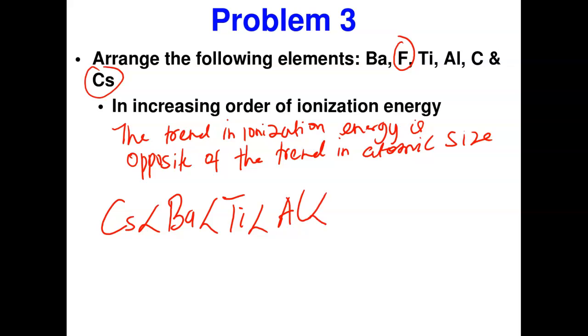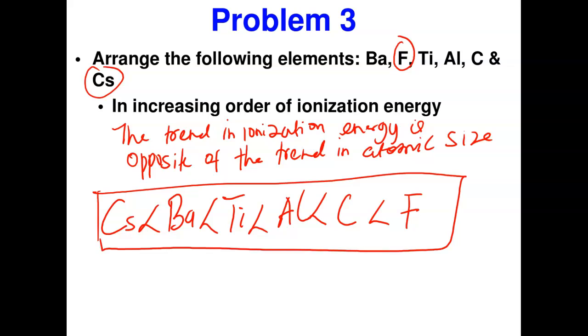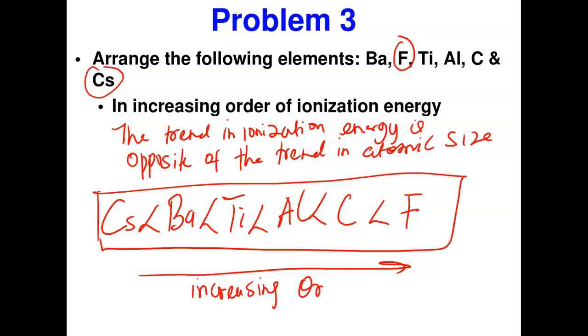Aluminum will be less than carbon, and carbon will be less than fluorine. 1, 2, 3, 4, 5, 6. So we got it completely. All right, so this is the trend again. Like I said, this will be the increasing order of ionization energy.